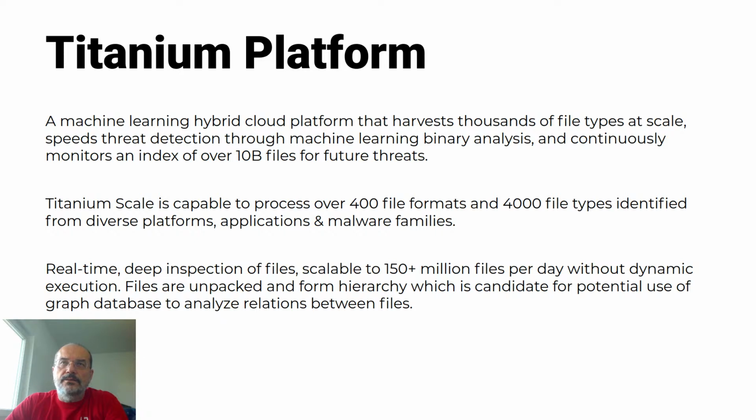So files are unpacked and they are forming a hierarchy between them, so we know the dependencies between files, and those dependencies are candidates for potential use of graph database to analyze the relations between files.